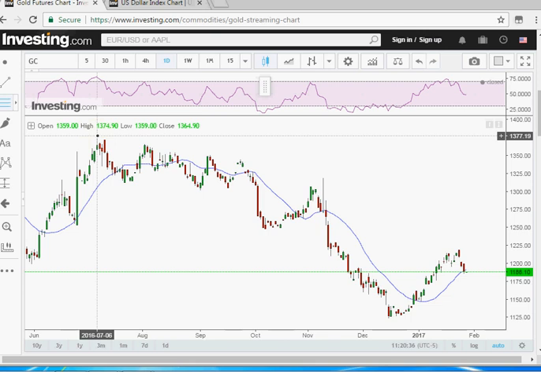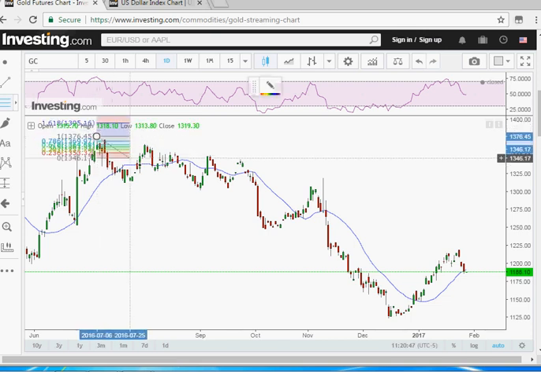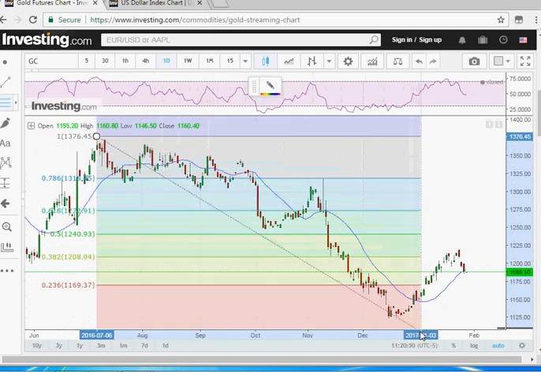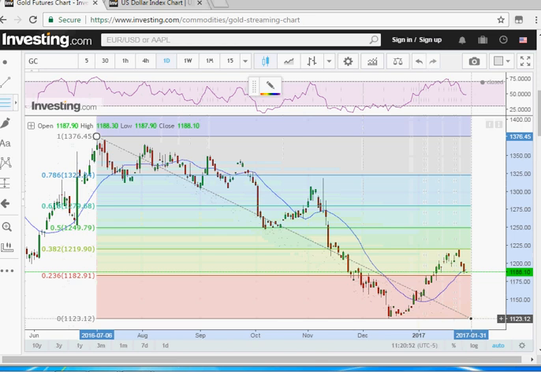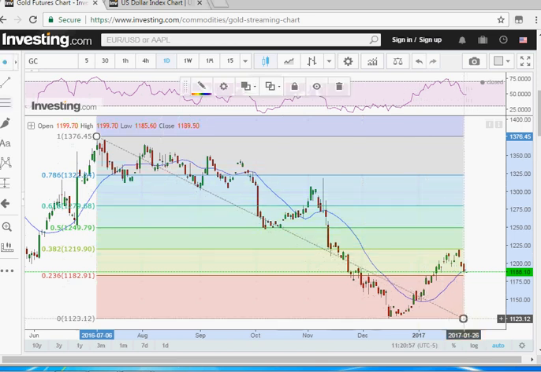Since the top of the previous intermediate cycle in July last year, around the price level of 1376, the price has dropped to the previous low of around 1123, and the recent rally since December has allowed the gold price to retrace around 38% of this drop.